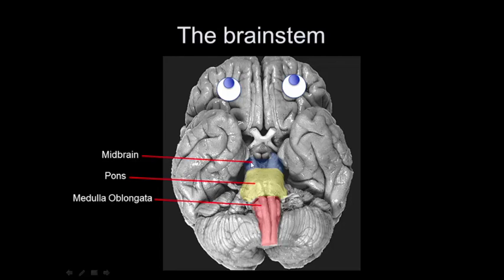It looks like two big ponytails containing fibers, and these fibers go down caudally. Some of those terminate in the pons, but some end up being part of the pyramidal tract. So it's as if it was like a highway with many routes, and some of the routes actually stop here, and the rest keep on going down.